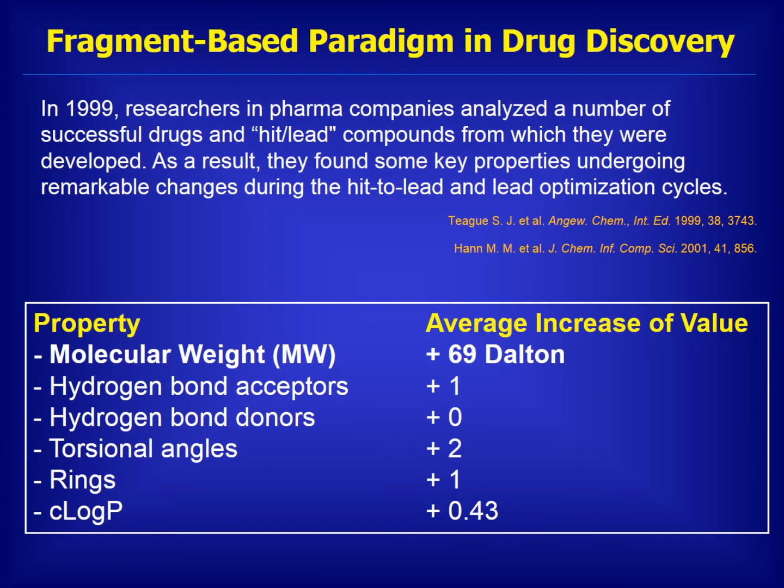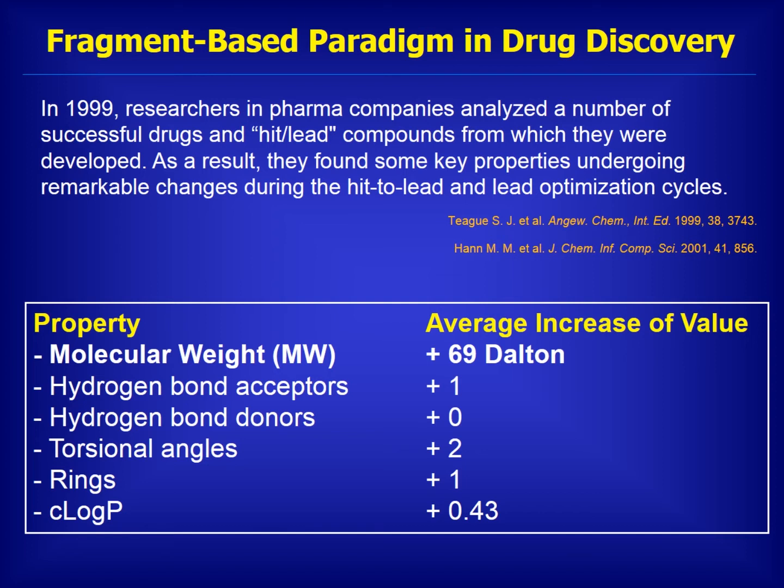Now I will provide a brief introduction to the fragment-based approach. In particular, the fragment-based paradigm in drug discovery was introduced in 1999 by researchers working in pharma companies who analyzed properties of successful drugs and the hit or lead compounds from which they were developed.